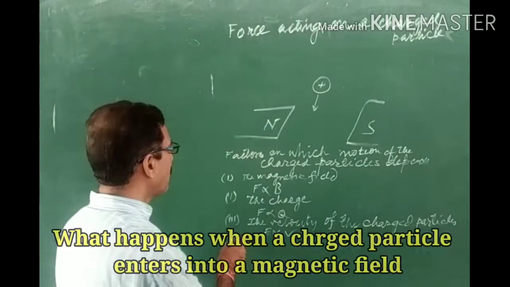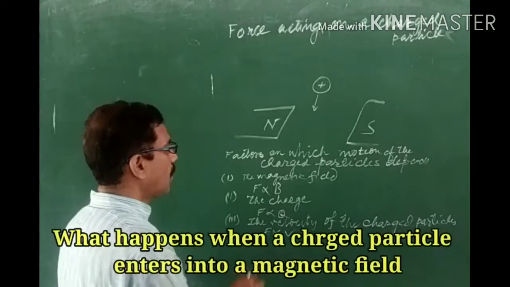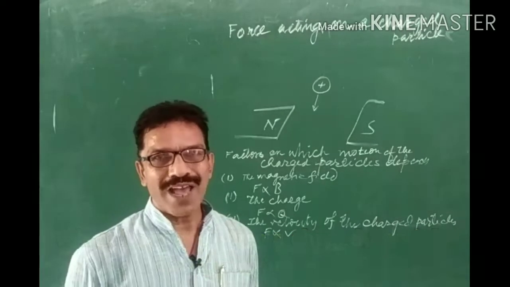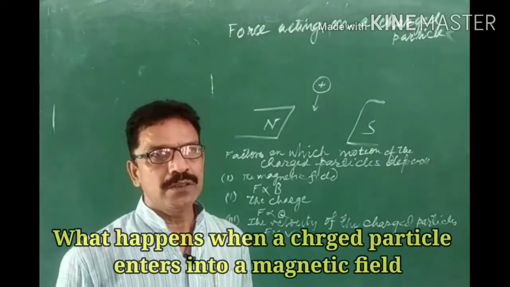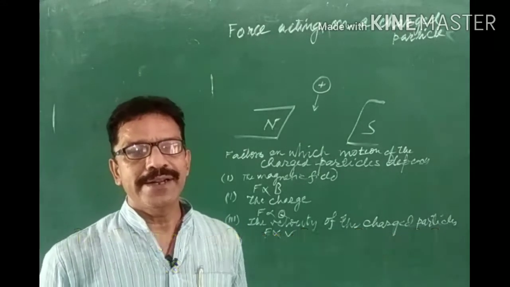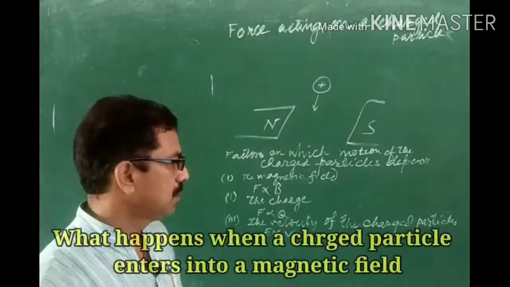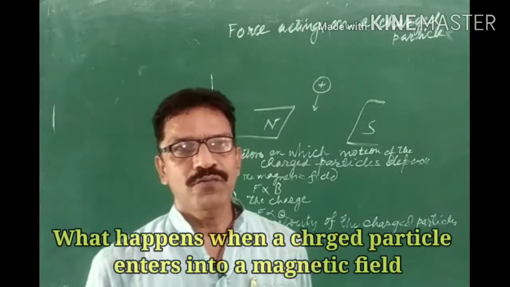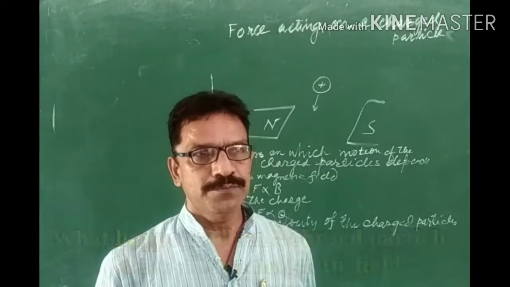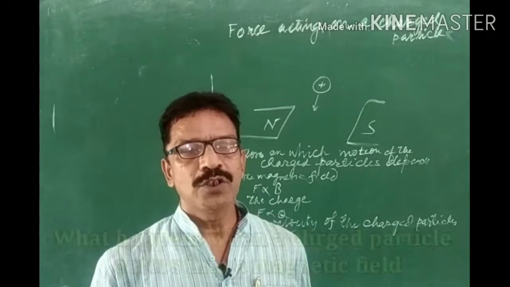And the fourth factor on which this force acts on the charged particle is the angle between the charged particle's velocity and the direction of the magnetic field, that is theta. And you know that the value of sin theta is greatest when theta equals 90 degrees.